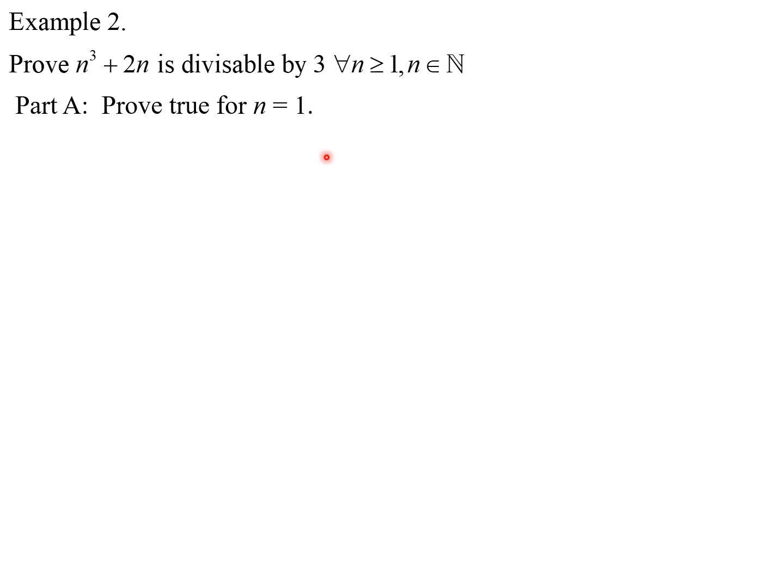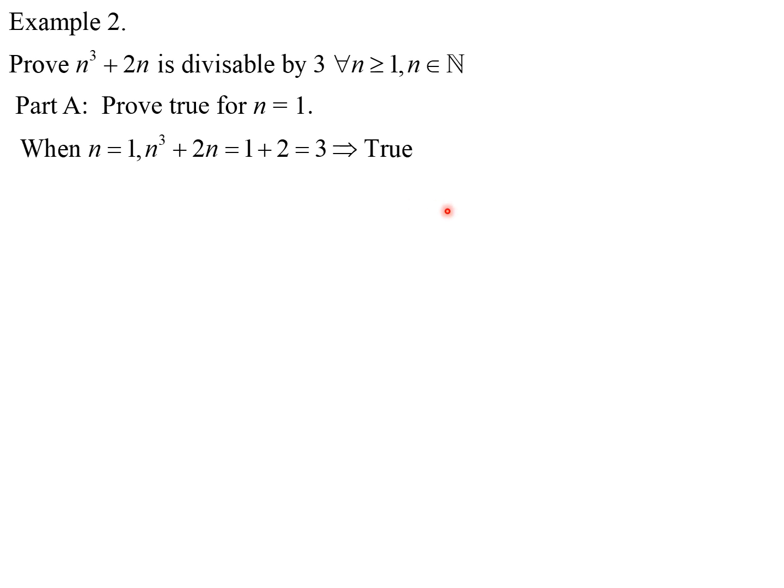These are the three successive values we need to prove. That's the method of proof by induction. So the first part, A, prove true for n equals 1. We simply substitute n being 1, and n cubed plus 2n is obviously 3. And 3 is divisible by 3, because 3 divided by 3 is 1.